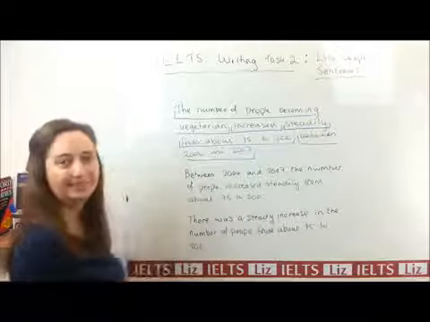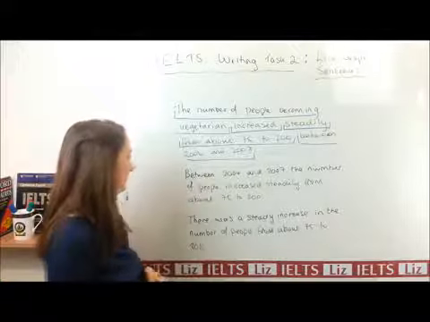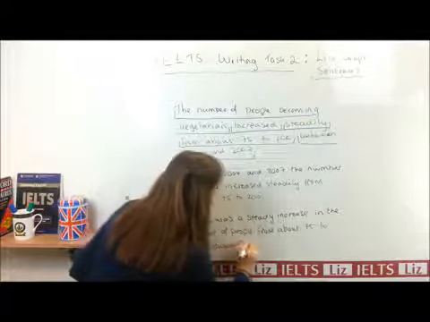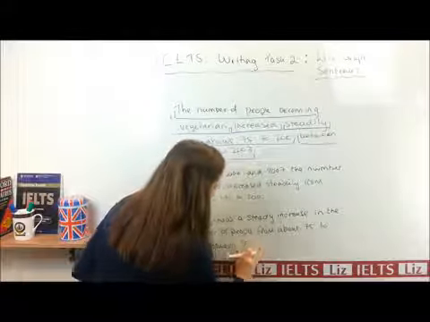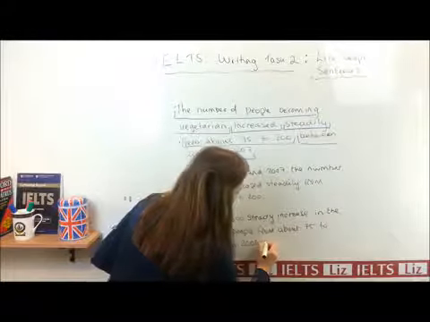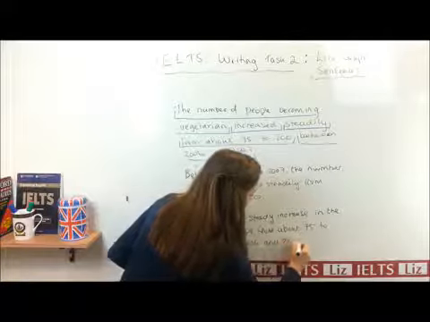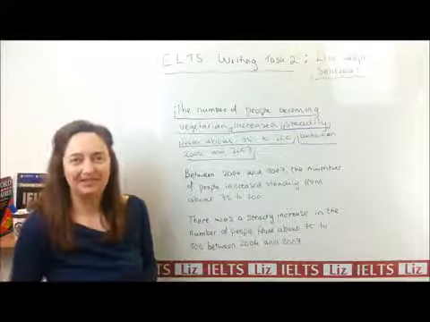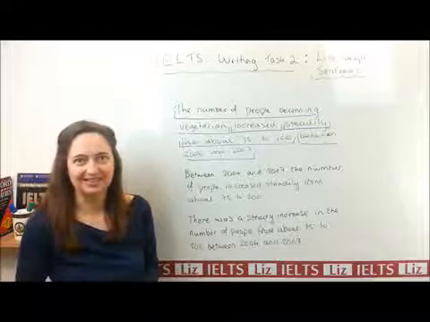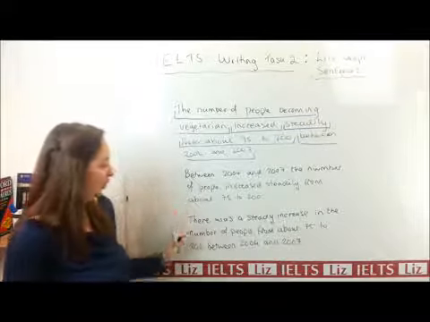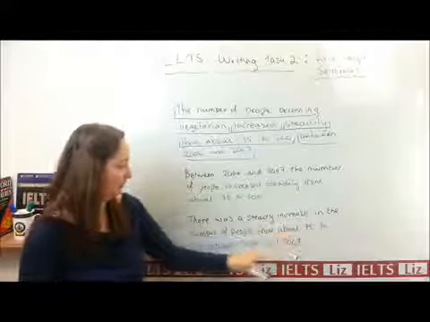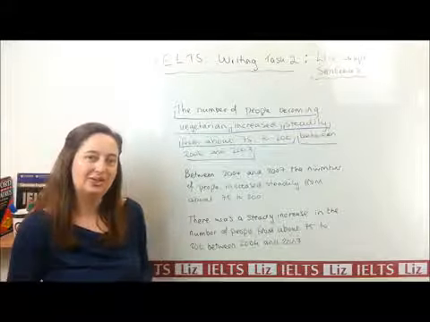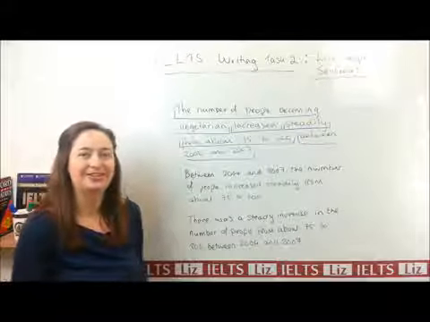And what's missing? Well, the dates are missing. And we've got between 2004 and 2007. So that is another way to structure your sentence and still give all the information we need with the numbers and the dates. Now there's one more way that I'd like to show you, so let's have a look.